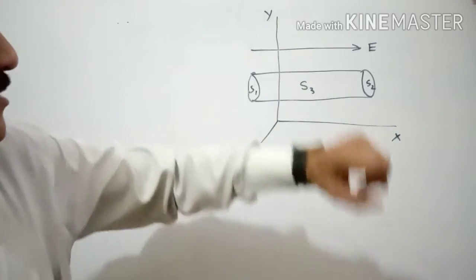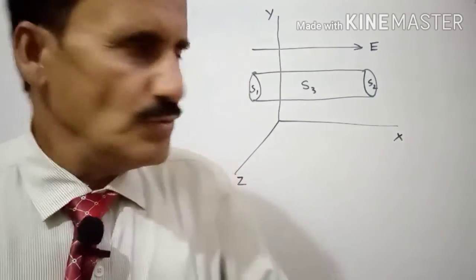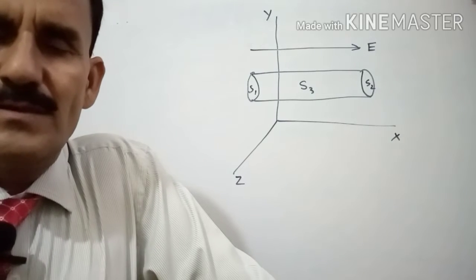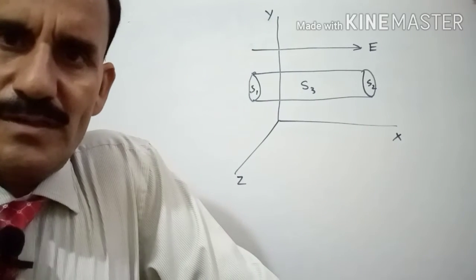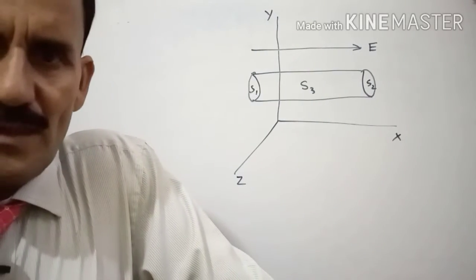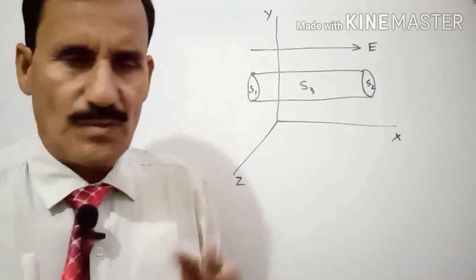Now if you are required to find the total electric flux, then what will you do? Electric flux is a scalar quantity because it is defined as the dot product of vector area and electric field, and a scalar product is always a scalar. So you can sum up. Okay?